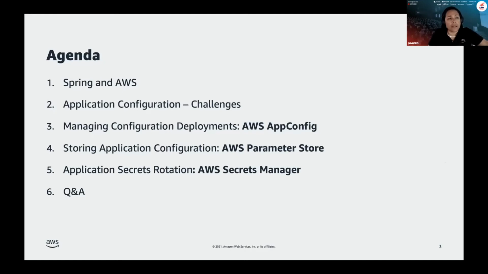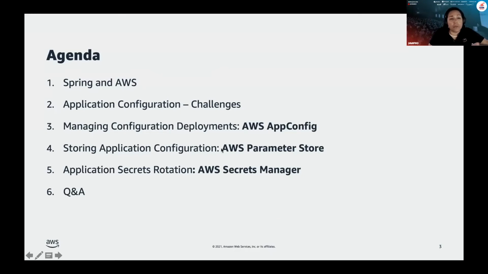And then we're going to look at some AWS services that help us with these challenges: managing how changes to configuration reach our client applications, how we can store that configuration, and how we can deal with sensitive parts of our configuration, such as secrets or credentials, and manage their lifecycle.